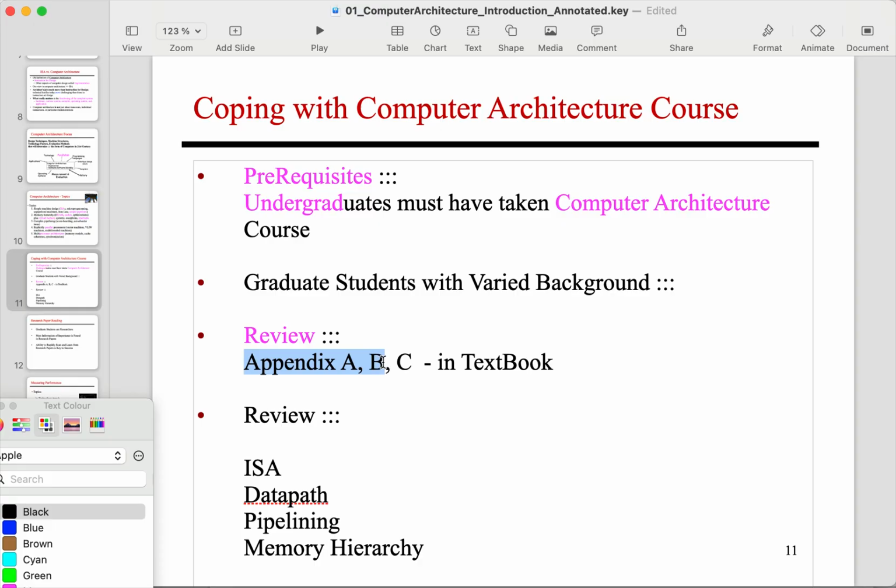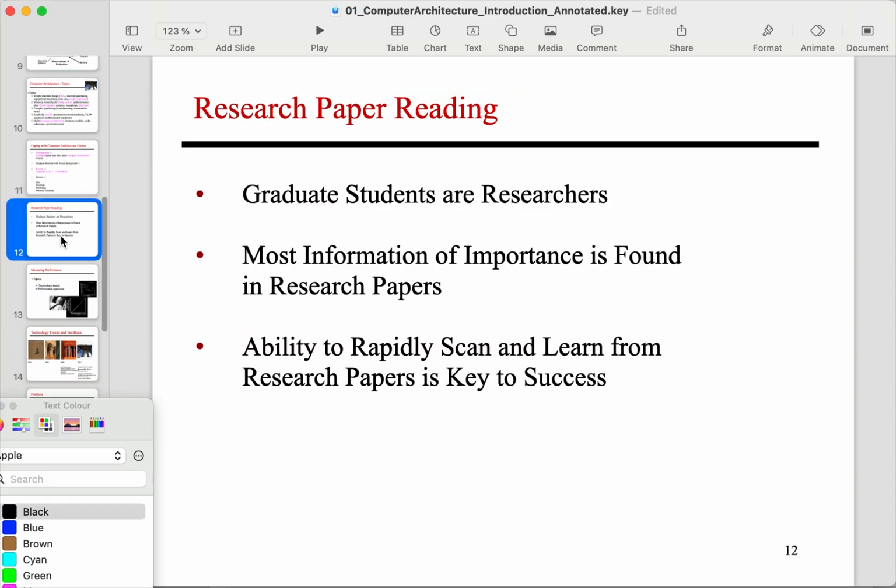Review appendices A, B, and C so that you can refresh your memory on these important subjects. The subjects are instruction set, data path, pipeline, and memory hierarchy. You can find these subjects in appendices A, B, and C of the textbook.